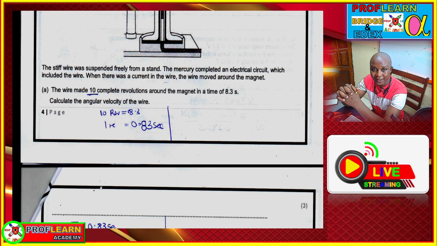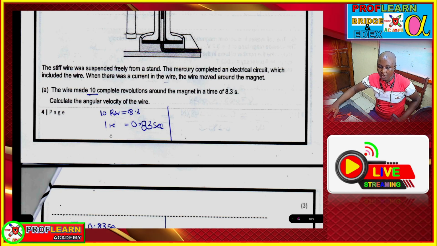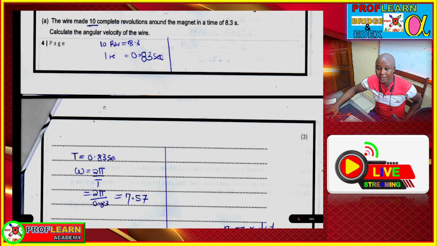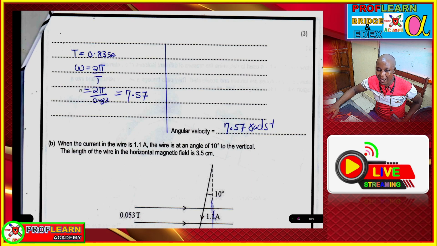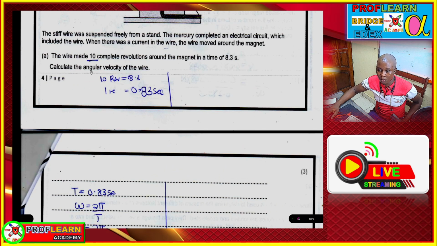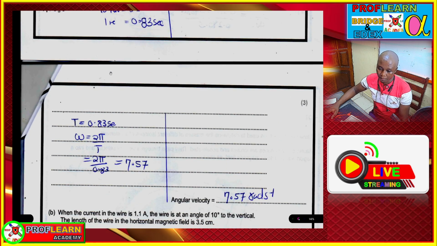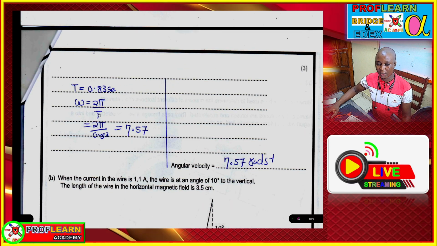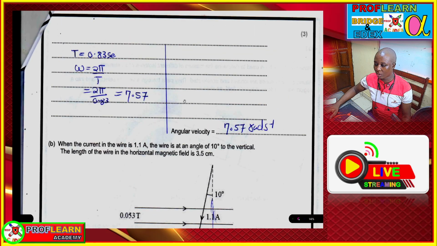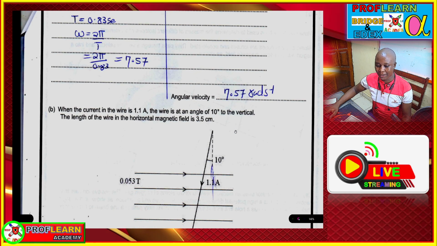And that represents the periodic time of this particular revolution. We are calculating the angular velocity of the wire. We know angular velocity is given by omega equals 2 pi over T. If you substitute that, you are going to get 7.57 radians per second. That is exactly what you are going to do at that given point.